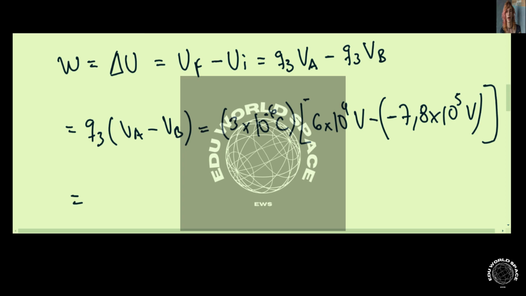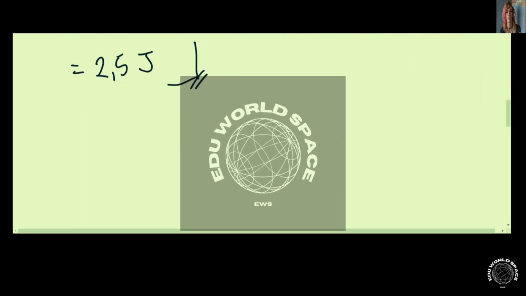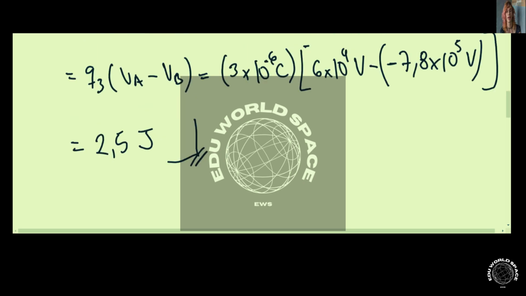Putting this into the calculator, we obtain a value of 2.5 joules. So this is the work done by moving a charge Q3 from point B to A in this rectangular configuration of charges.